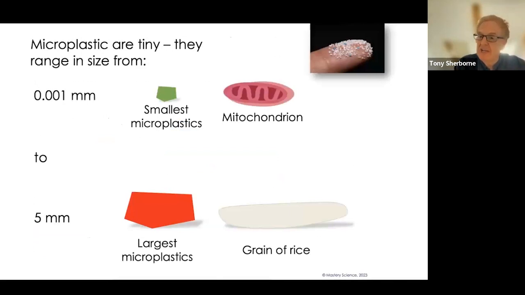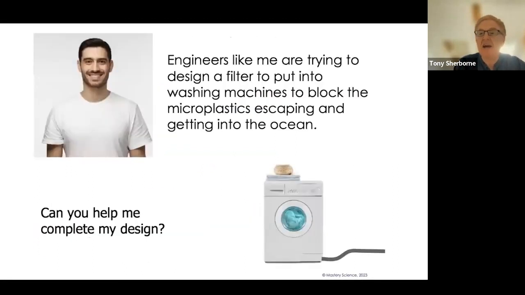Then there's a reactivation of the knowledge about the size of plastics and microplastics and particles. And then here it is, the question. So an engineer wants to design a filter to reduce the plastics coming out of the washing machine into the sea. How will they design it, right?